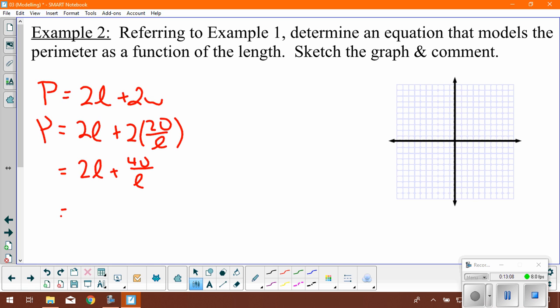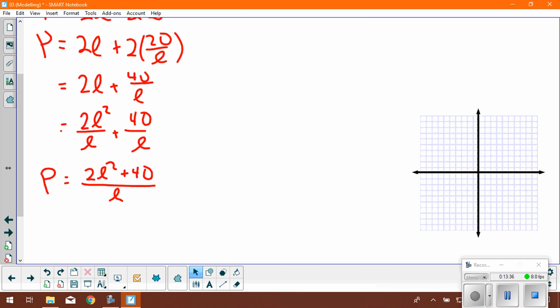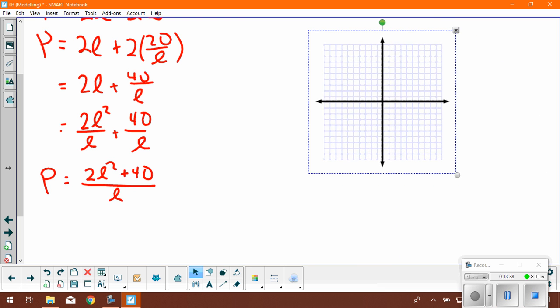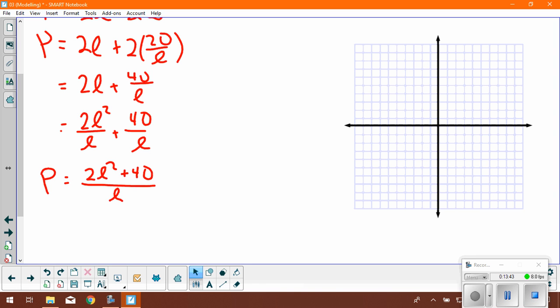So we get a common denominator, which is L. So we have 2L squared over L plus 40 over L. So that means my equation for perimeter is going to be 2L squared plus 40 all over L. Let's do the same kind of analysis. Sorry for that little bounce there with the graph, and see what's going on here.